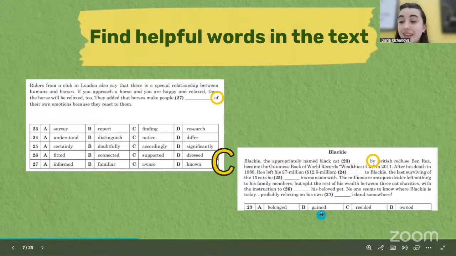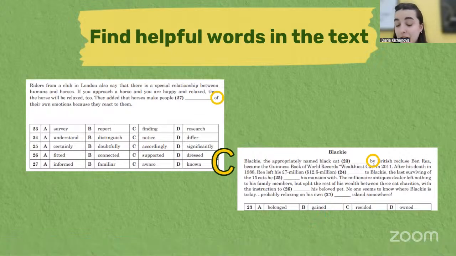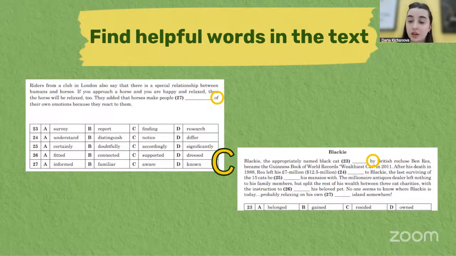Gained: we can actually gain the cat, but we can't say gain by, and it's not logical to use here. Resided is the same; we use this word when we describe the object that is in someone's possession. And owned: we usually say, for example, this house is owned by somebody. So here we need to use D.